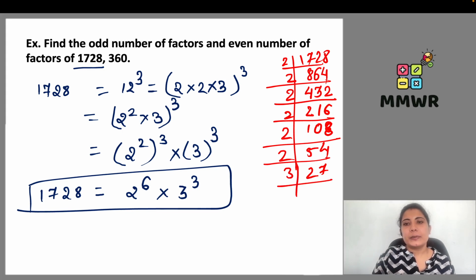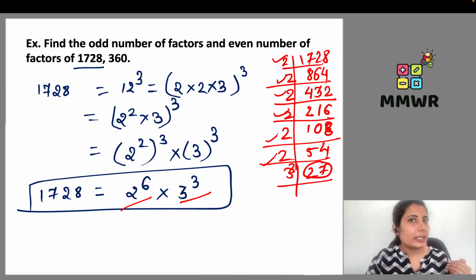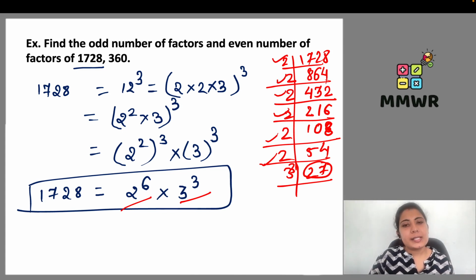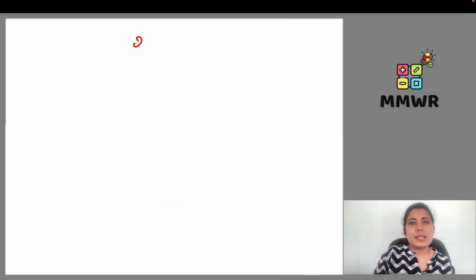Then by 3, 27 is 3 cube. So 3 cube and 2 to the power 6. When I factorize this 1728, this gives me 2 to the power 6, 3 to the power 3.